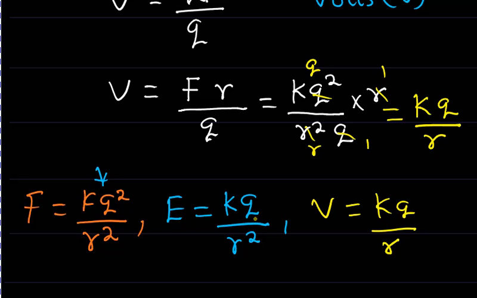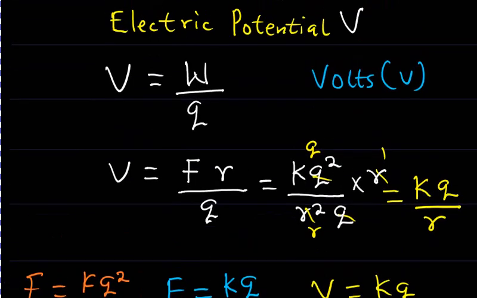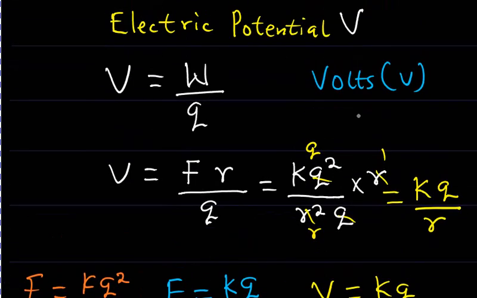Then in electric field, the Q is no longer squared, it's reduced to just Q, while R is squared. Then when you get to electric potential, Q is not squared and R is not squared. That way, you can always remember the formulas and not mix them up. That is really very important. Now, electric potential is a scalar quantity, so we don't consider direction.